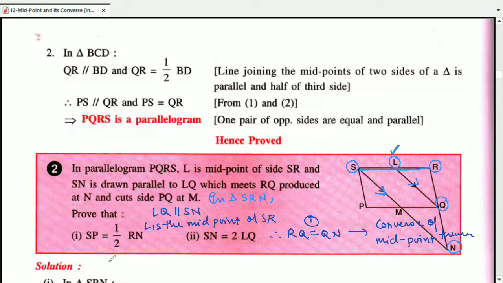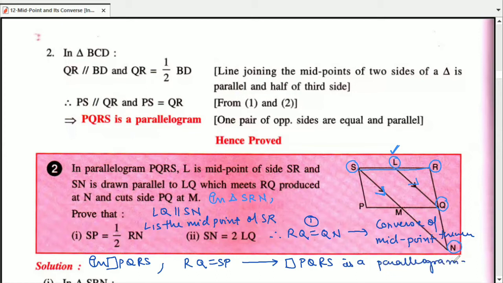Now we know that quadrilateral PQRS is a parallelogram. So in PQRS, RQ is equal to SP. What you will write? Quadrilateral PQRS is a parallelogram. You have to write an explanation for each and every point.